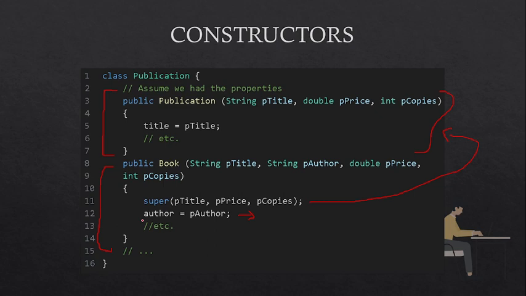Author is specific only to Book. So the first line initializes the general attributes present in the superclass, while the author initialization handles attributes specific to the subclass.